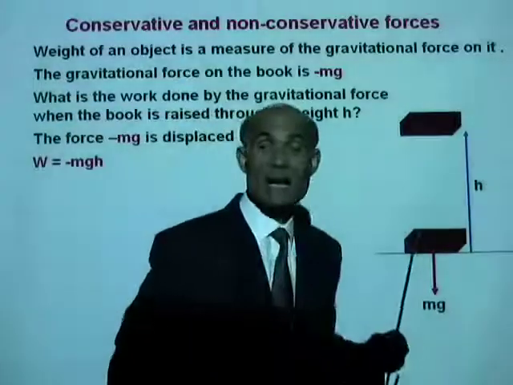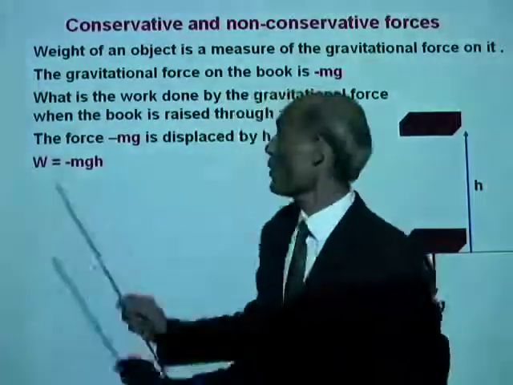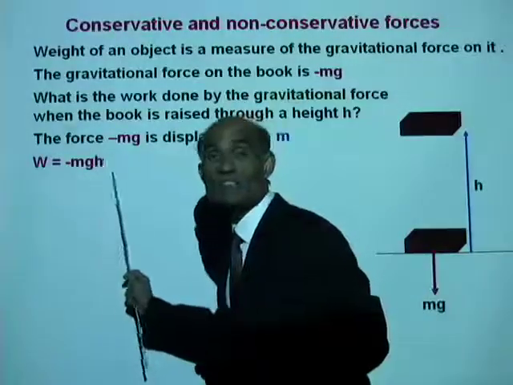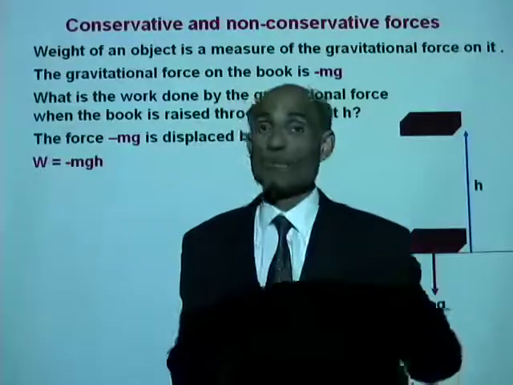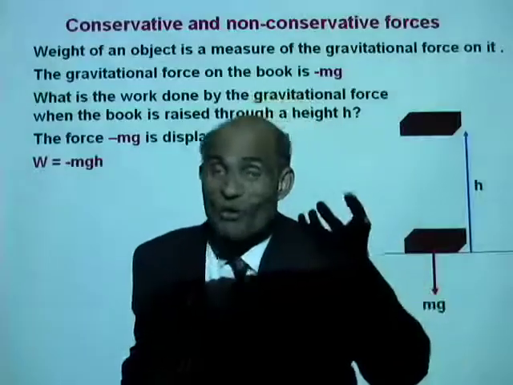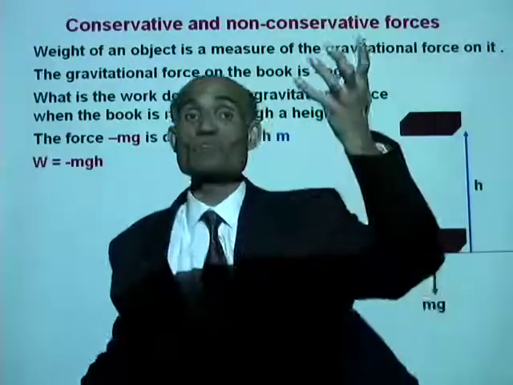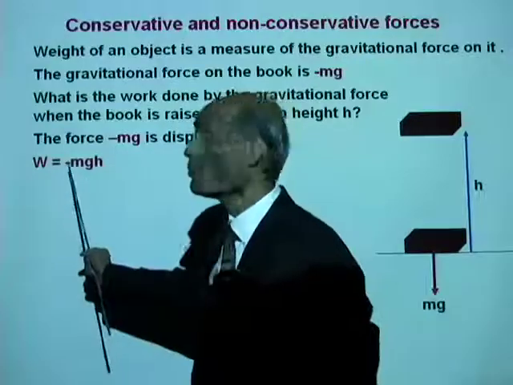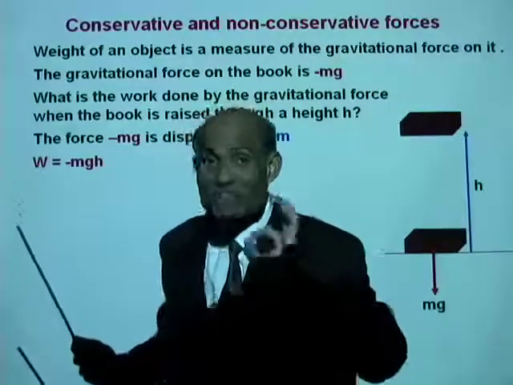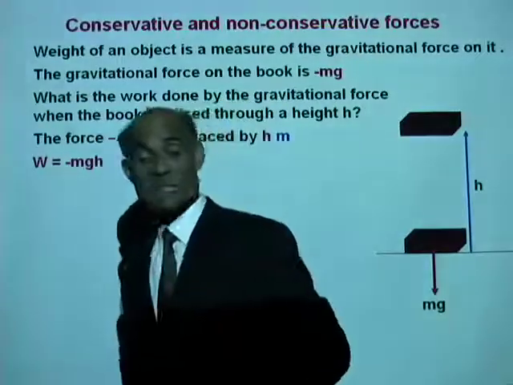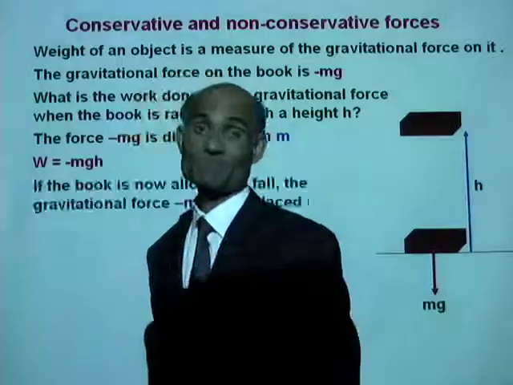Therefore, work done by gravity on the book is negative mgh. The work done by the applied force on the book is positive mgh. But the work done by the force of gravity on the book is negative mgh.